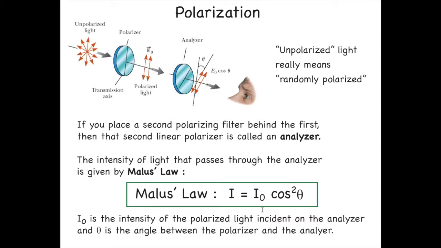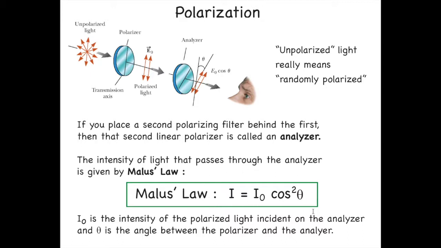So Malus's law tells us how much the intensity is reduced by going through this second polarizer at this angle theta relative to the polarization of the incident light on that filter. And what comes out is going to be possibly less intense, and now that light will be oscillating in the direction of the transmission axis of the second filter.